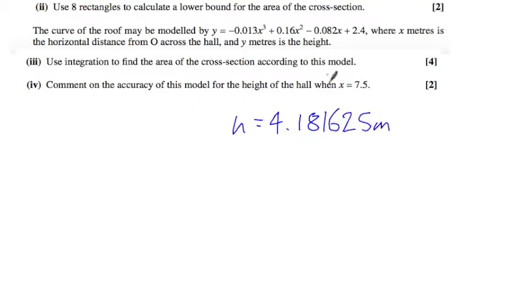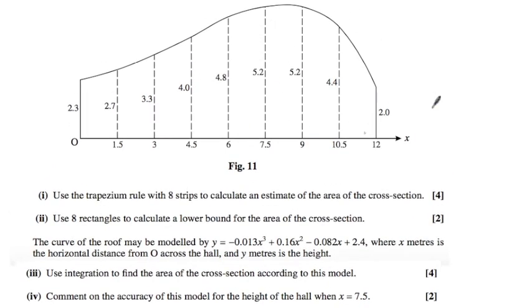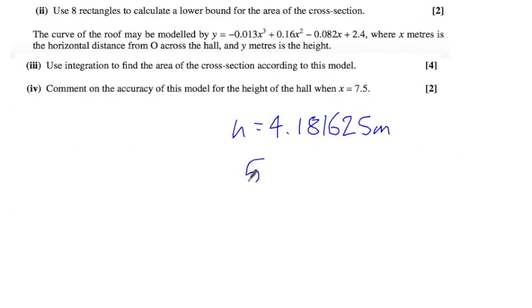So that's what the model predicts the height of the hall will be, but the actual height of the hall at 7.5 is 5.2 meters. So I say that's not a very good estimate and it's quite a way off. So that's your comment you need to put.